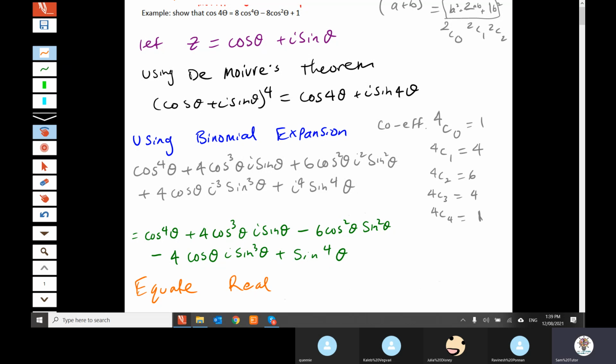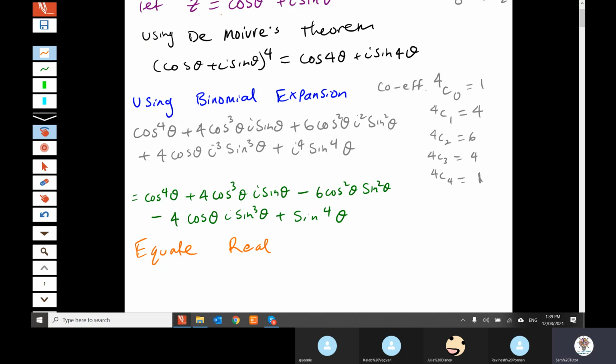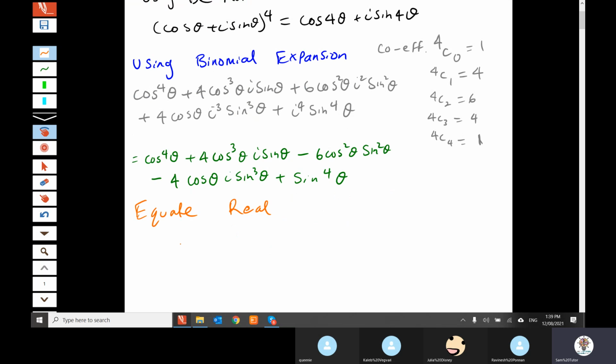Obviously if this was sine 4 theta, I don't think I need to tell you, you just equate imaginary. So cos 4 theta equals the real parts, which is cos to the 4 theta minus 6 cos squared theta sine squared theta plus sine to the 4 theta.